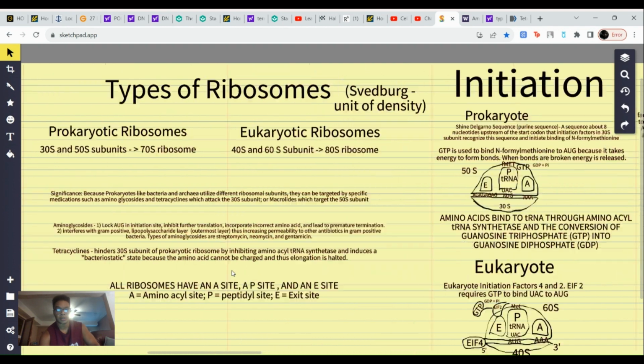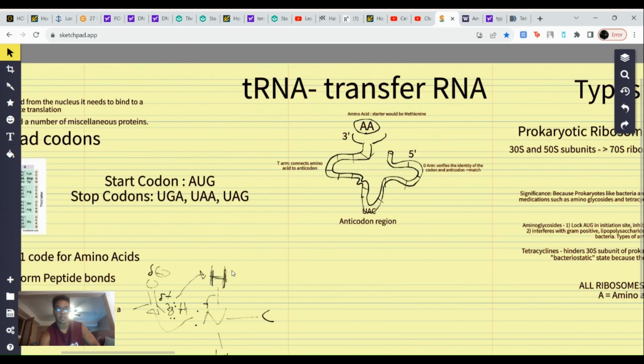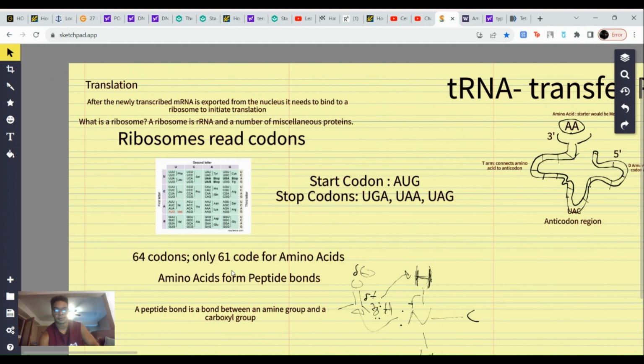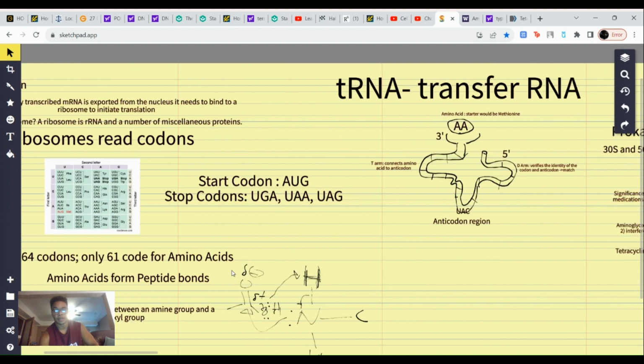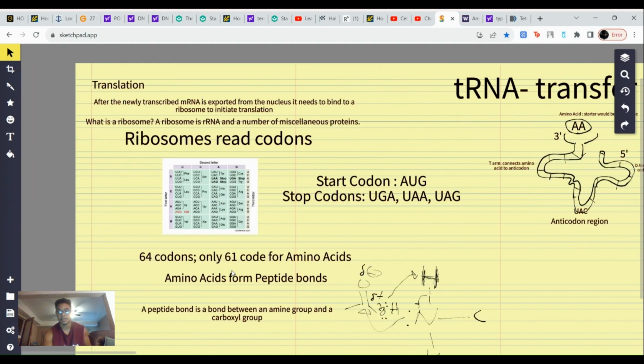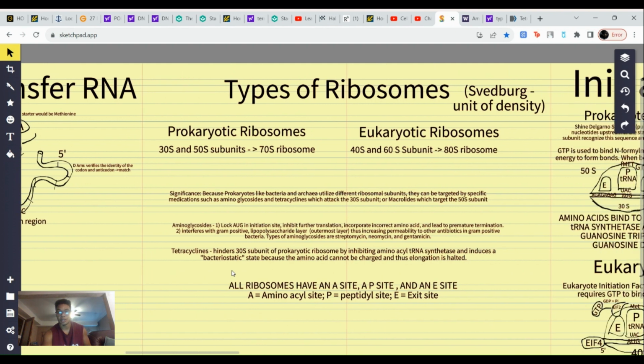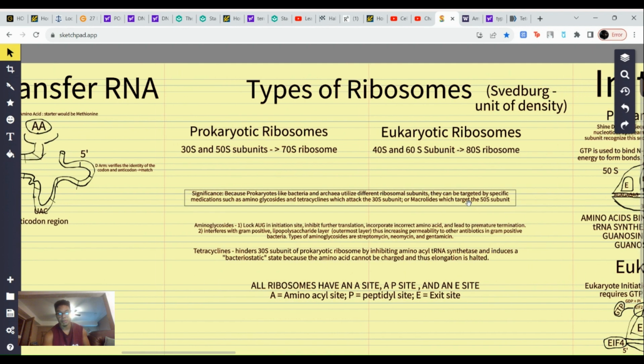So just going over a review. tRNA can go through A, P, or E site, but it's basically the transfer RNA in the ribosome. Big things you're going to want to know here is that the eukaryotic and the prokaryotic ribosomes are different. Eukaryotic ribosomes are larger.